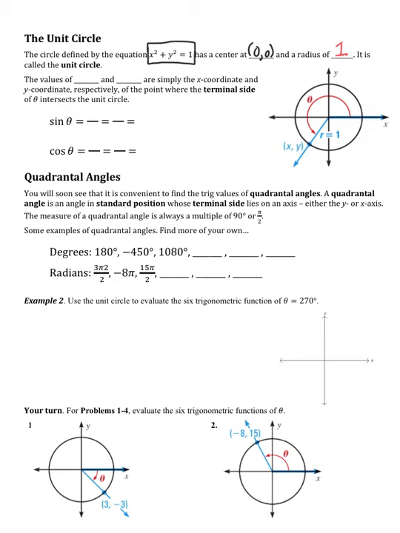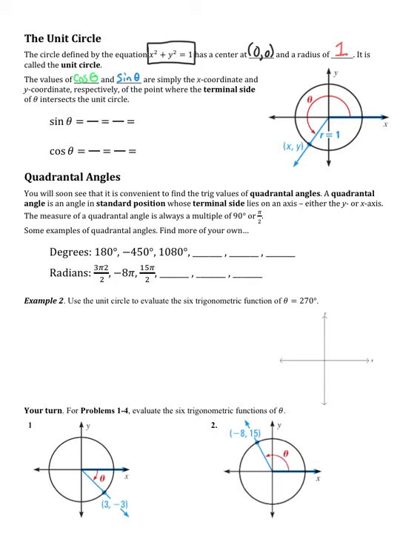And the values of cosine of theta and sine of theta are simply the x and y coordinates, respectively, of the point where the terminal side of theta intersects the unit circle.